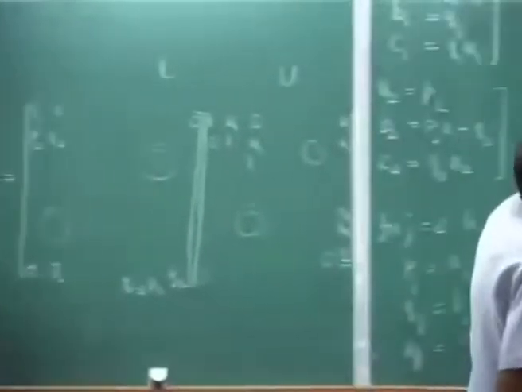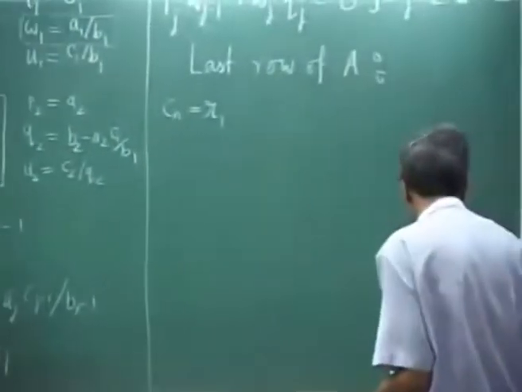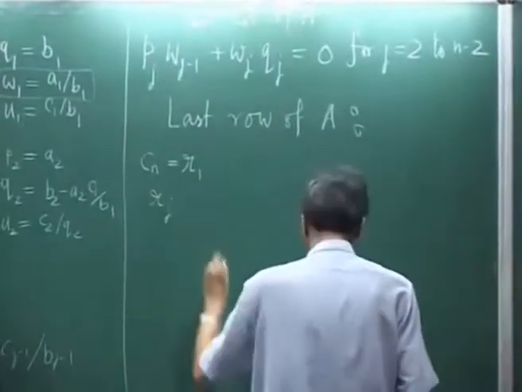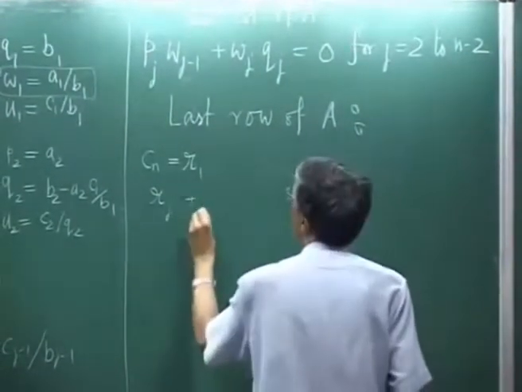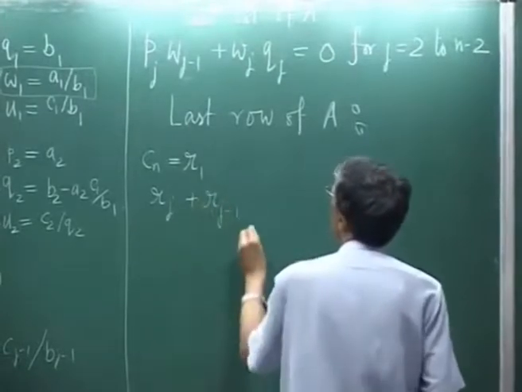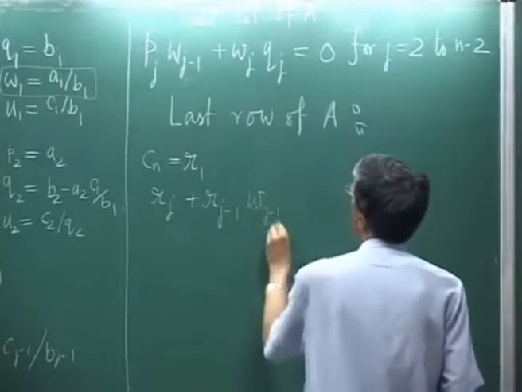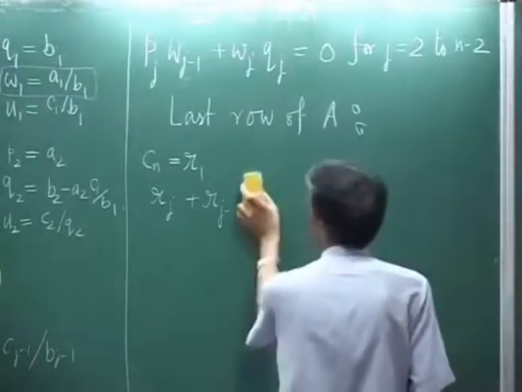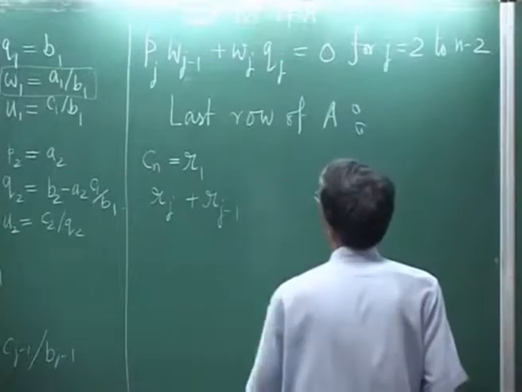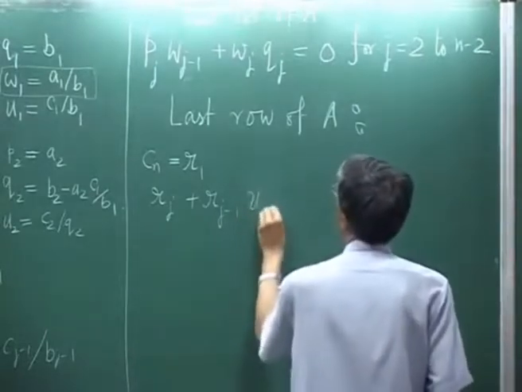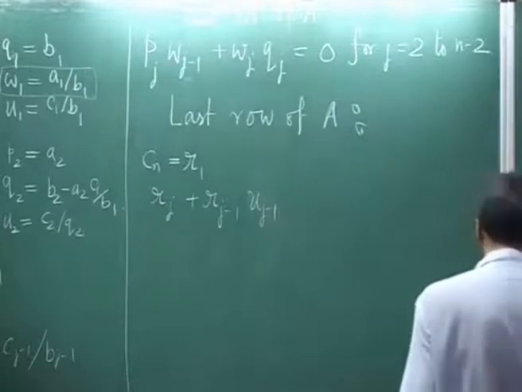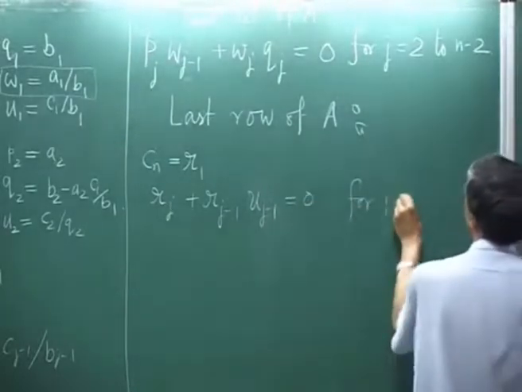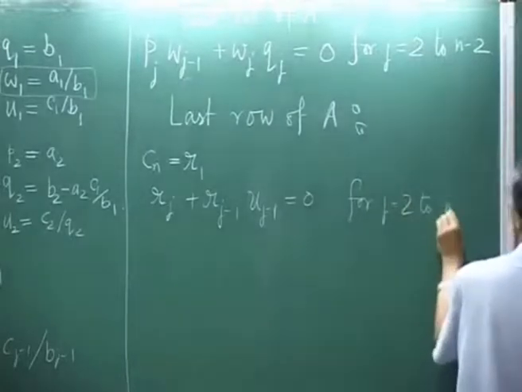That is exactly like what we have here. So, R j plus R j minus 1 W j minus 1, sorry, this will be U j minus 1, should be equal to 0, and this is true for j equal to 2 to n minus 2.